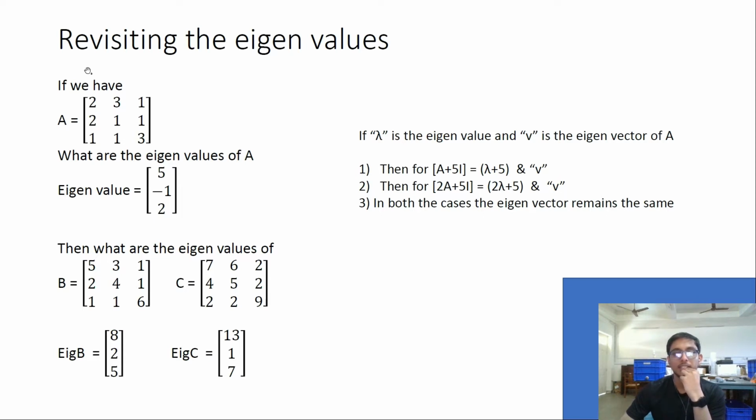The eigenvector of A was V, a set of vectors. Then the eigenvector for A plus 5 is also V, and for 2A plus 5 is also V. So maybe it can be useful for you in some questions, not here, maybe in some competitive exam.